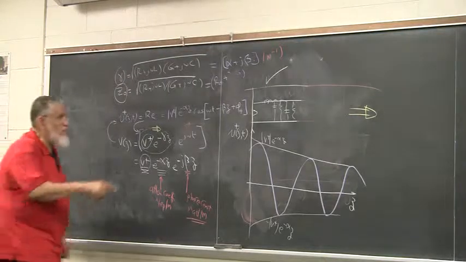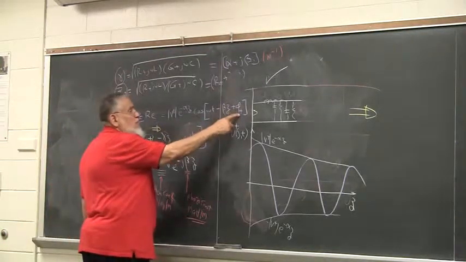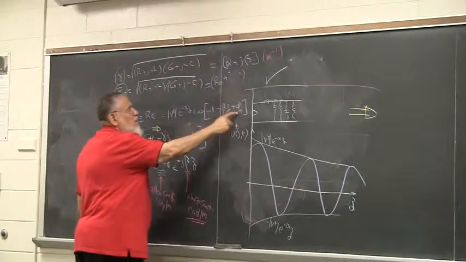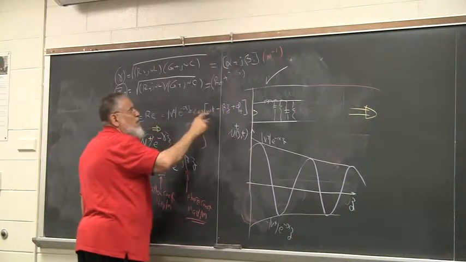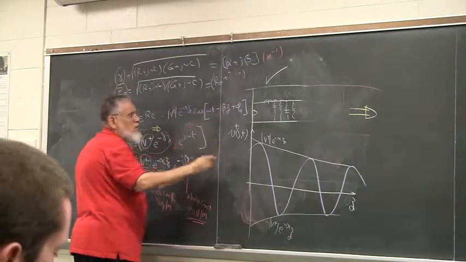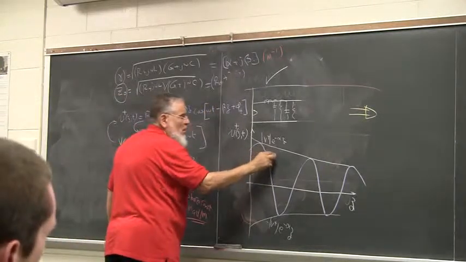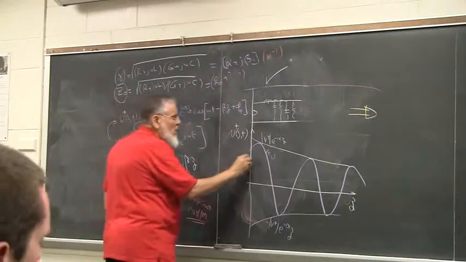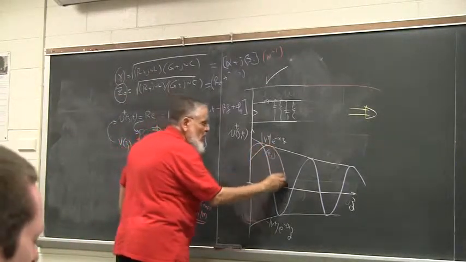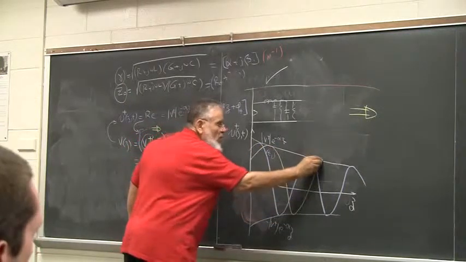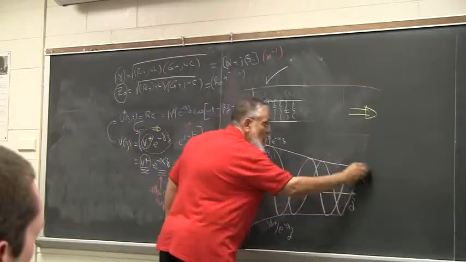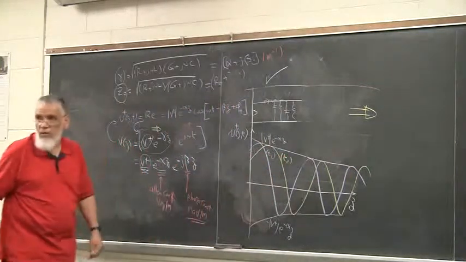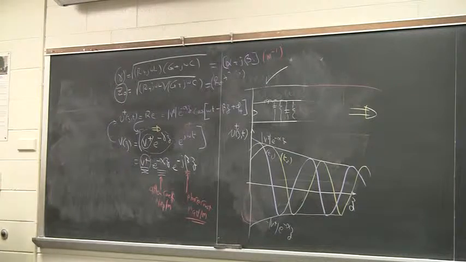But that's for a given t. Phi plus is a constant, the phase of the V plus. So this is for a given t. For another t, it will look like this, within the same envelope. That's t2, and t3, and so on.